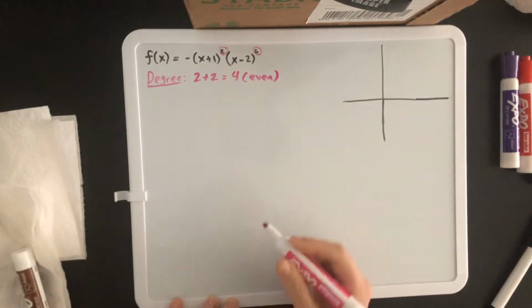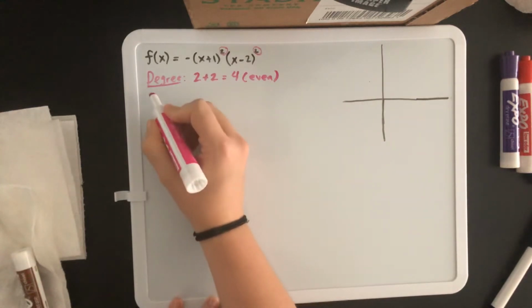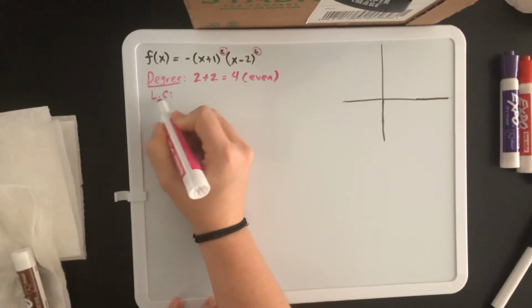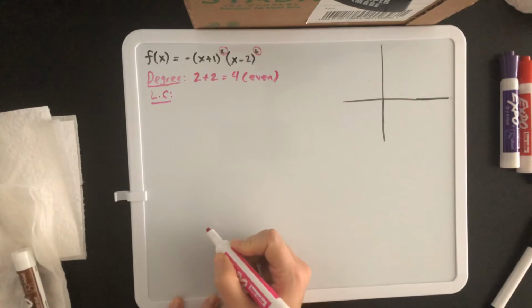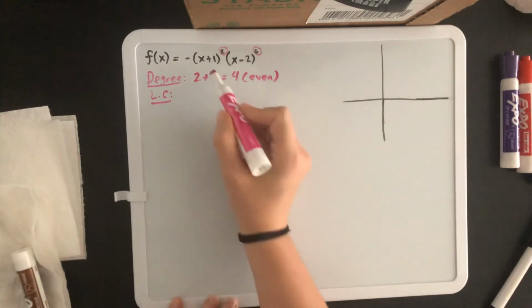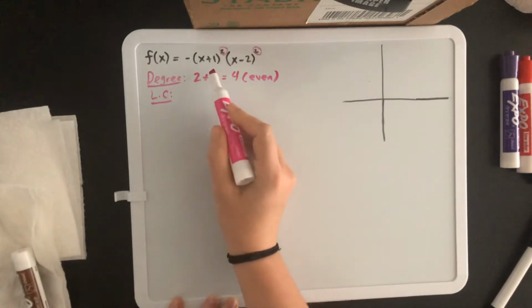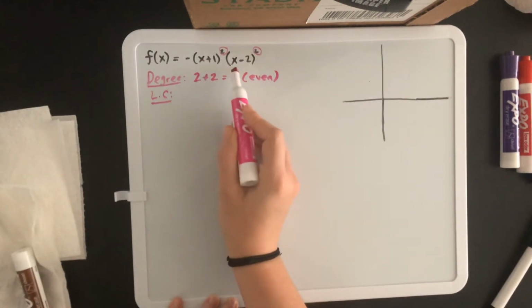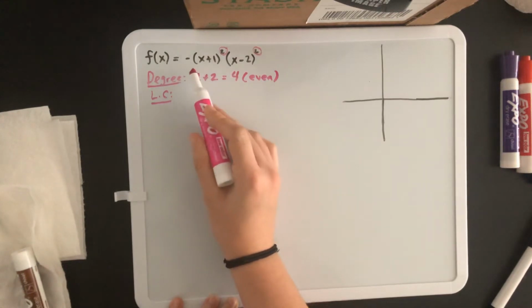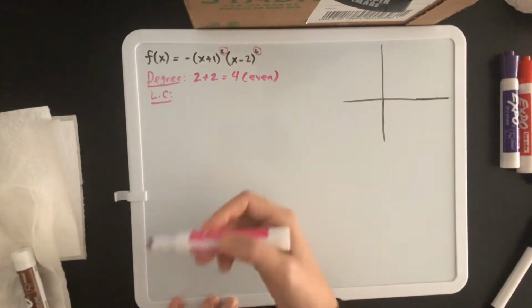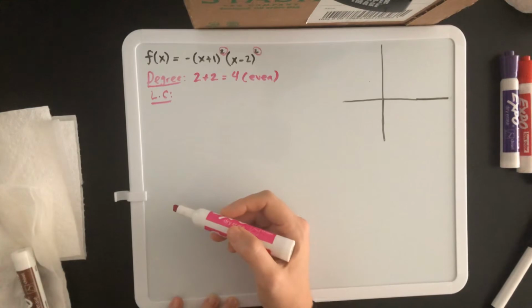To determine which of those it is, we look at the sign of the leading coefficient. What is our leading coefficient going to be if we were to expand all of this? We don't have to, but let's just look at what would happen. Here we have 1x and 1x. When you square each binomial, you'll get an x squared and an x squared term, and a negative in front. You'll eventually get x to the 4th power when you multiply, so you'll have a negative 1x to the 4th power.